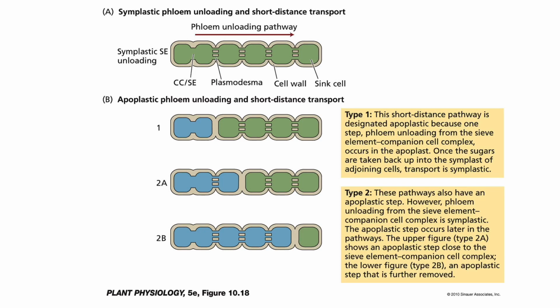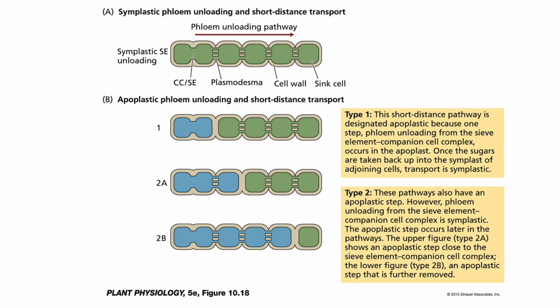So if we go to the sink, which might be a root or a fruit or a growing leaf even, or a trunk, the companion cell sieve element complex in those organs will have direct plasmodesmatal connections with the adjacent cells. And you can have one layer after another layer after another layer going all the way out to the epidermal cells of that organ where symplastic transport will occur.